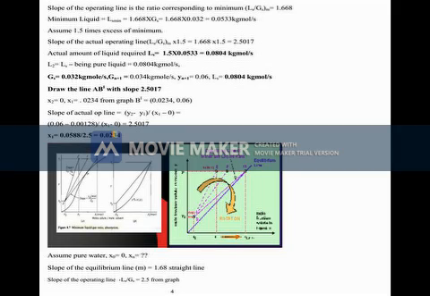Liquid hold up is the total hold up. That means in the tray there is a weir, and that weir has some height. You assume it to be 40 mm or 45 mm, and the length is 80% of the diameter. That is the length of the weir. So the height of the weir you assume as 40 mm or something like that.